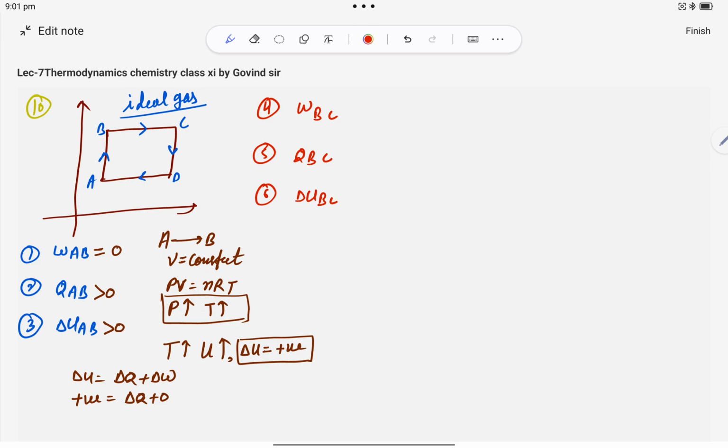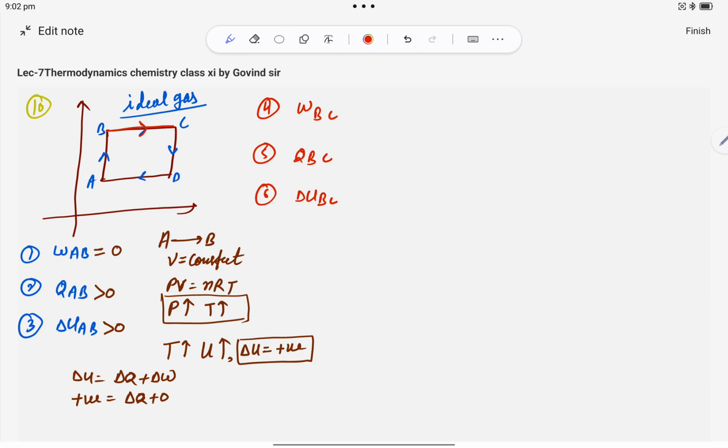So B to C, check it. Gas expanded. So B to C is what? It's a rectangle. So what is the work? Gas expanded, yes or no? What I am saying, let's focus on it.